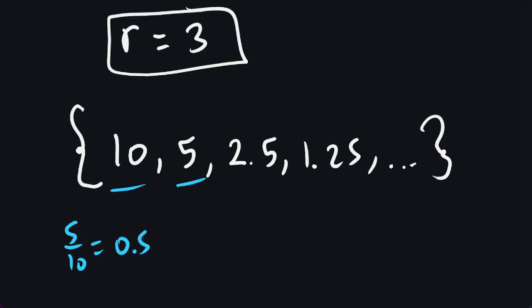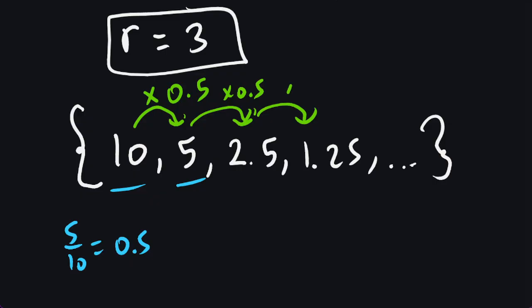And let's make sure that applies to all of them. To go from 10 to 5, you would multiply by 0.5, or a half. To go from 5 to 2.5, you would also multiply by 0.5. To go from 2.5 to 1.25, you would also multiply by 0.5. This is a geometric sequence, and the common ratio here, R, is 0.5.